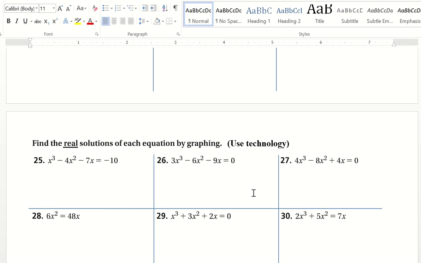Your x-intercepts that you see on Desmos, those are your answers. So if you see that your x-intercepts are like -3, 0, and 2, like that there's 3 x-intercepts, you can just write on here, x equals -3, 0, and 2. So again, you're just looking for the x-intercepts on Desmos. Okay?